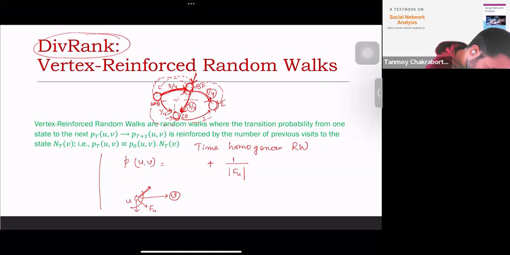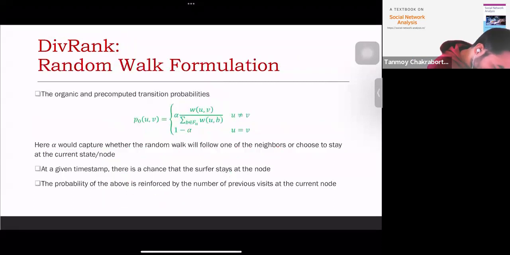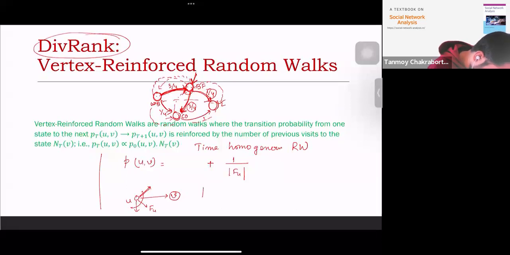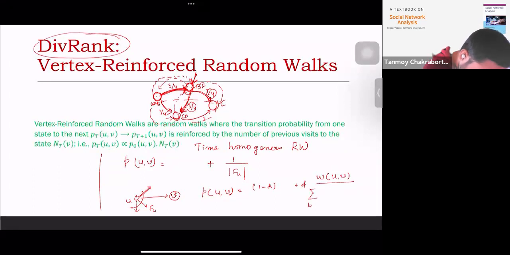So P of uv is (1 minus d) times w_uv divided by the sum over v belonging to F_u of w_uv, plus d times the prior.